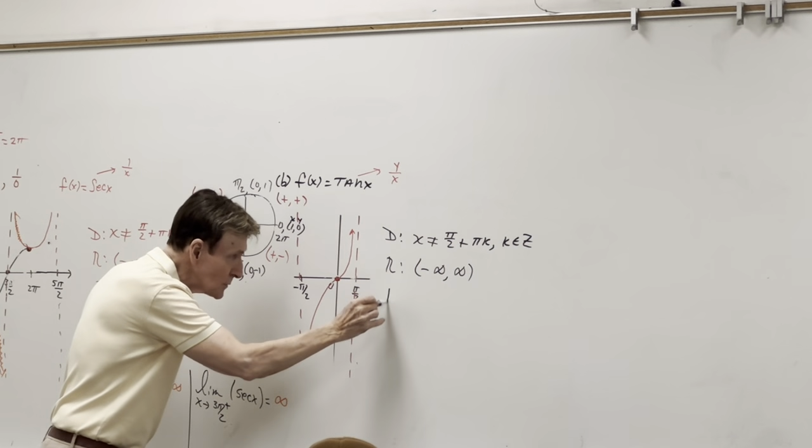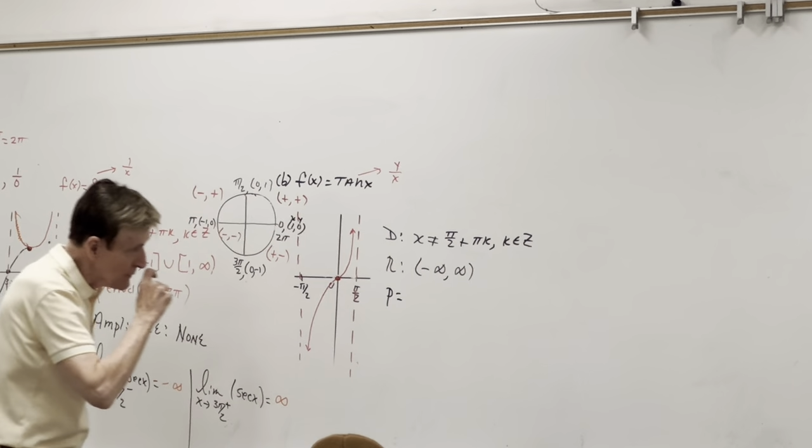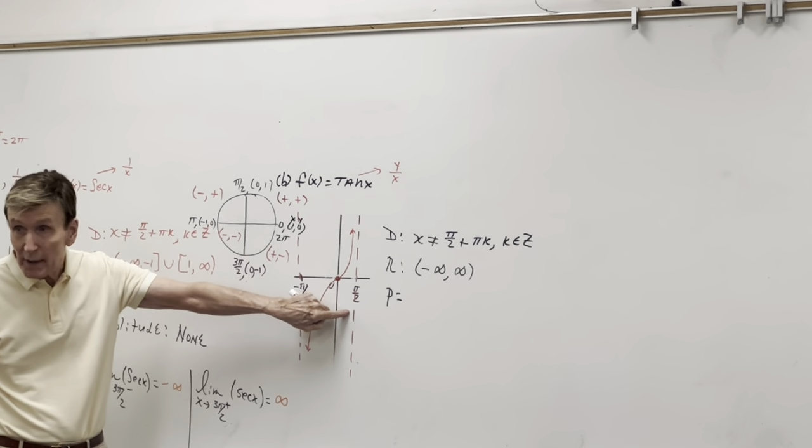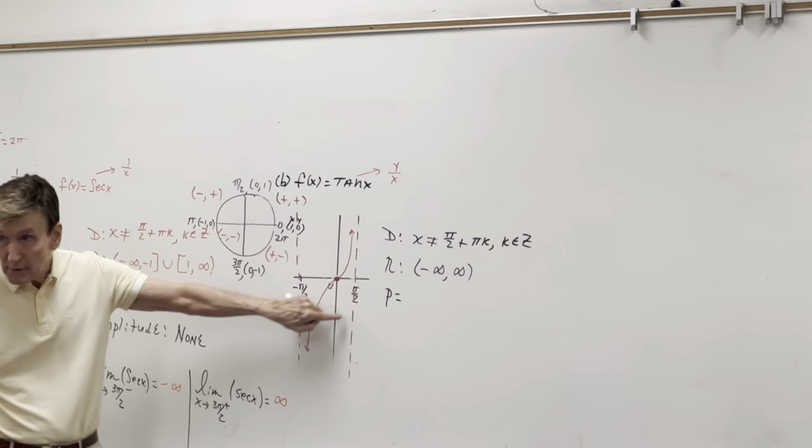Period, gotta be careful. Joseph, I'm ready for you. Tell the class how to find the period based on about one cycle of this. Well, it's pi, but tell the students how it's pi. What do you think? It stops at pi over 2, right? My cycle stops at pi over 2.